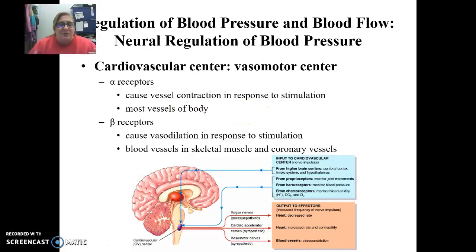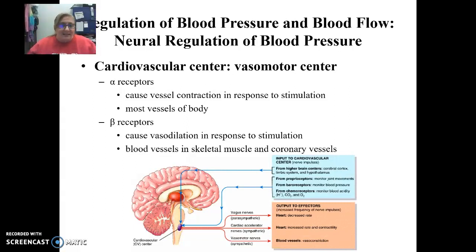And this is going to cause those blood vessels to get really small so that blood flows to places like our brain, our respiratory system, our muscles, areas of our body that need blood to survive for that stressful situation. Things like our digestive system and urinary system are not important right now because we're in a stress response. We have to fix whatever's going on.